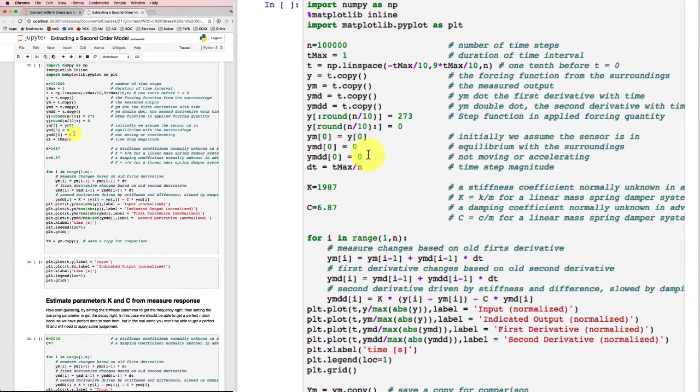It sets a bunch of variables initially. Then down here, it sets the new measured value of position equal to the old measured value of position plus the derivative of the measured value of position at the old time times delta t. So this is just advancing an Euler calculation, just like we did in the other calculations. And we should see the same step function response.